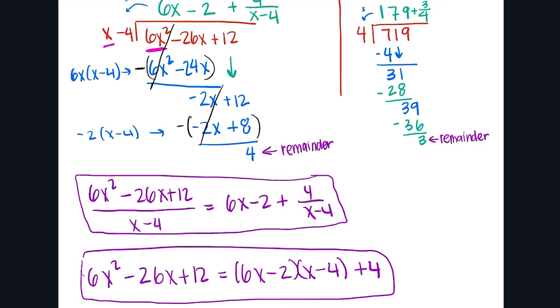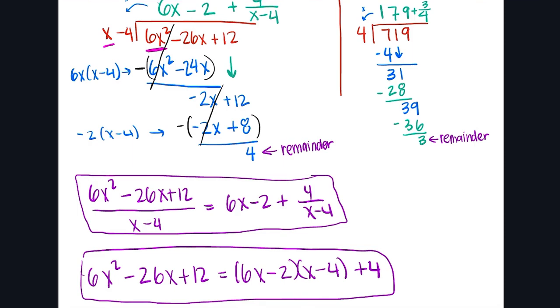So this is long division. Any questions on long division? And we will do another example of this in a minute. Long division works for any kind of polynomial division. There's not really any limit on when we can or can't use it.